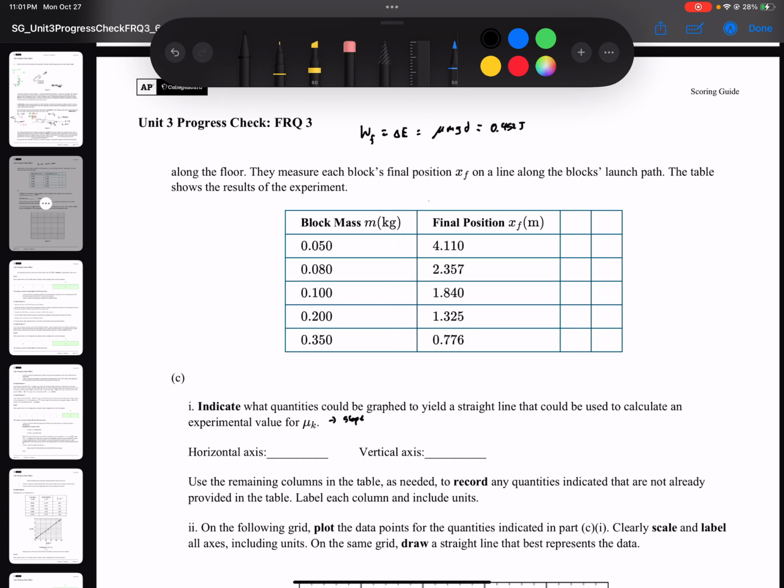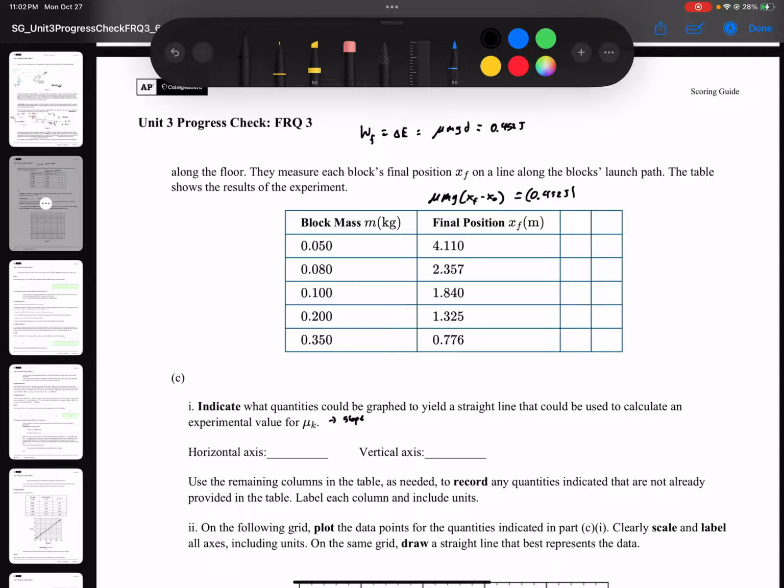So I can rewrite this as mu times mg. My d is going to be xf minus x naught, right? So let's assume it starts at some initial position. Ideally, we just set it to 0. But again, this is just based on the data that we have here. And that's going to equal the energy of the launcher, the 0.452 joules, right?